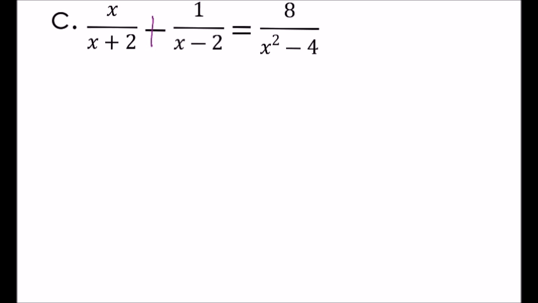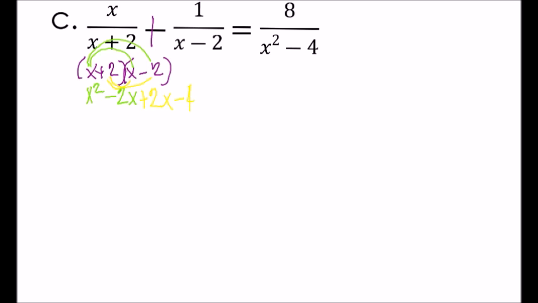So looking at this example, let's try to multiply x plus 2 and x minus 2 to find out the LCD. If we do that, we will have x times x, that is x squared, and then x times negative 2, we have negative 2x, and then positive 2 times x, we will have plus 2x, and then 2 times negative 2, that's negative 4.